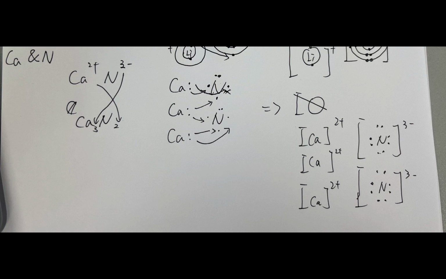The first and the third calcium that you can see right here each give 2 to both nitrogen, and the one in the middle gives 1 to each. So in total, nitrogen gains 6 and calcium gave 6, which means they're in equilibrium, in balance.